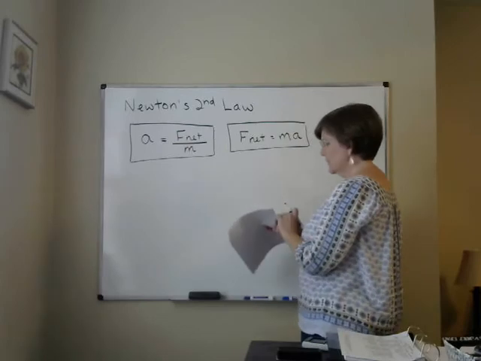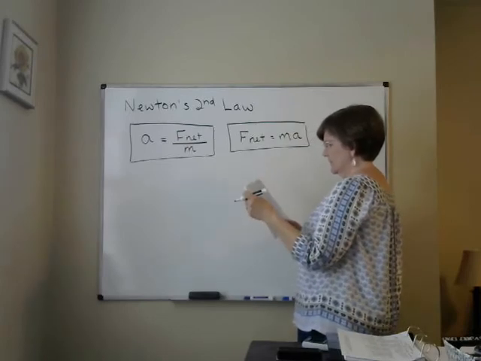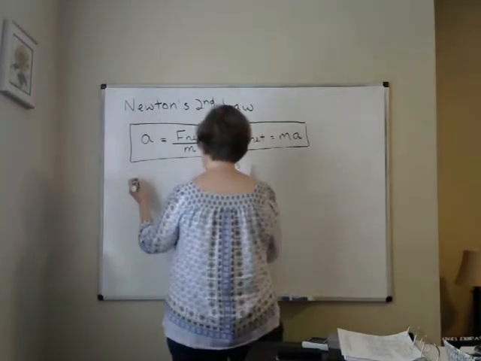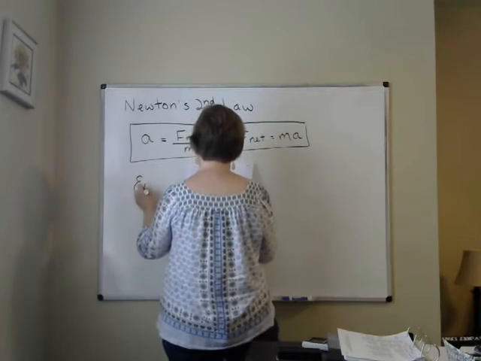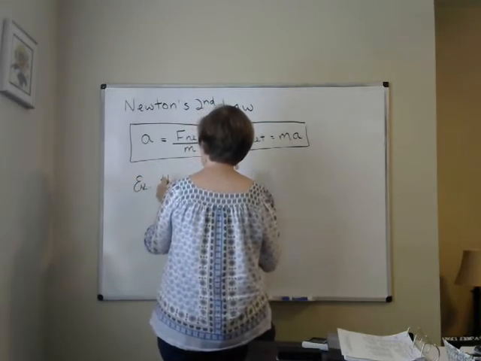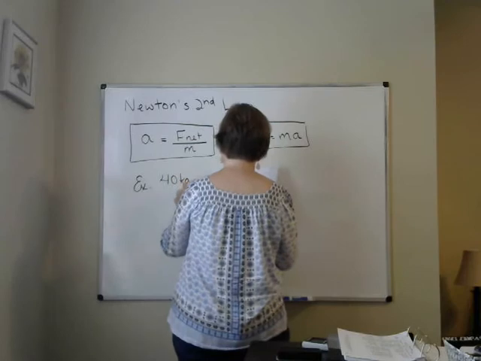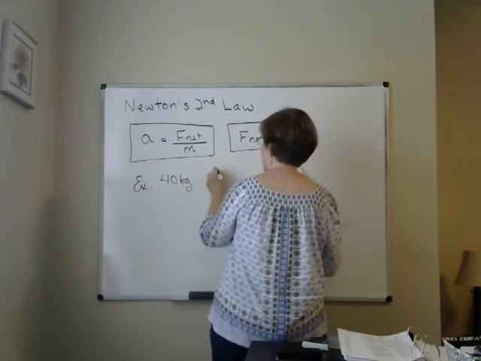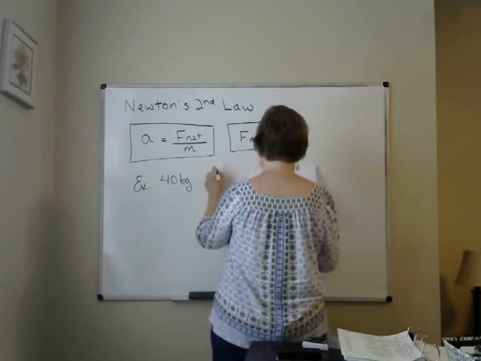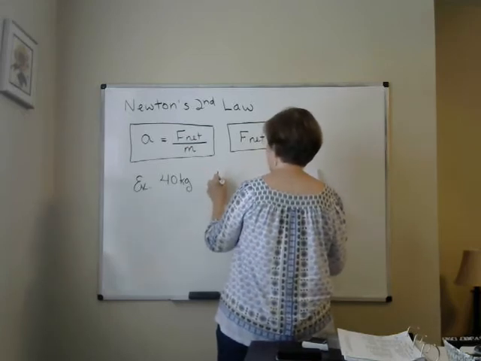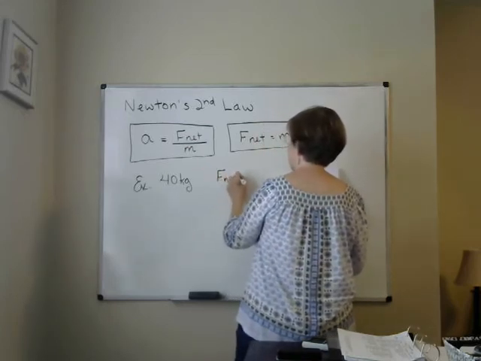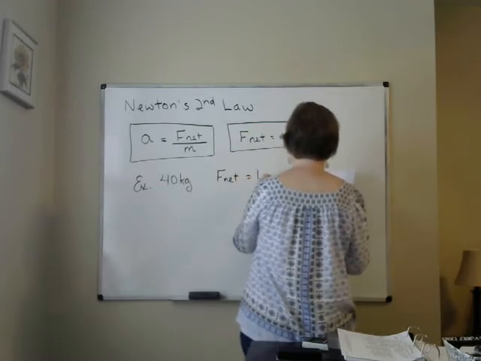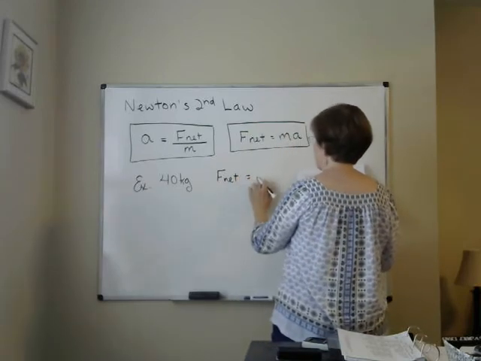So, for example, suppose we have a 40 kilogram block of cement and we apply a force, let's just make sure we know, and the net force acting on it is 200 newtons.